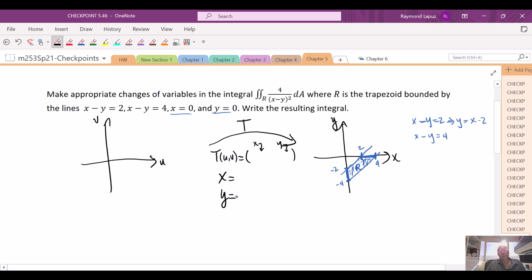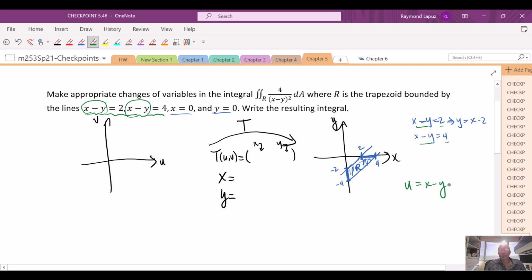Alright, let's try to find out what that should be. I'm going to go by the boundaries for the regions that they have, and notice that there's an x minus y for both of them, and it goes from 2 to 4. So it seems like it would be a good start to let one of the variables, like u, equal x minus y.